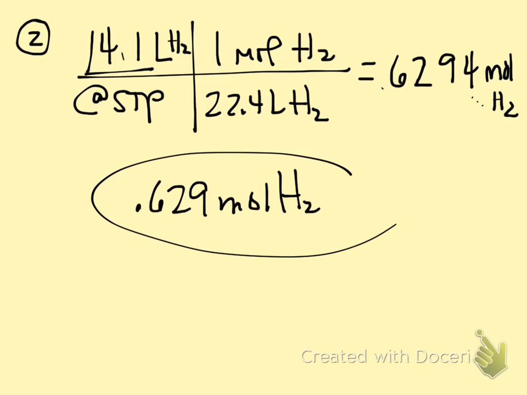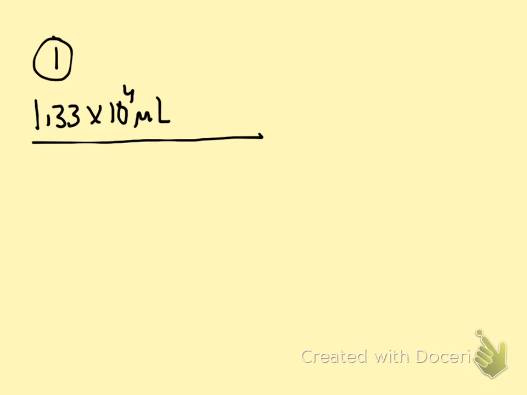Okay, let's do one more that incorporates mass, and then I'll turn you loose to work on your own. So if you look down at the bottom of 337, the second set of practice problems, number 1. What is the mass of 1.33 times 10 to the 4th milliliters of oxygen gas at STP? Aha! We have to do something else. So 1.33 times 10 to the 4th milliliters, which means we have to convert to liters.